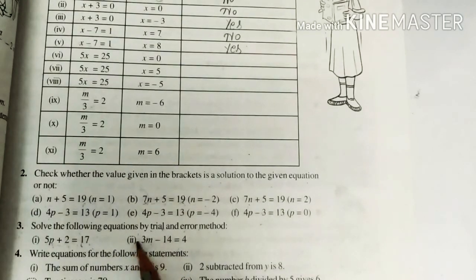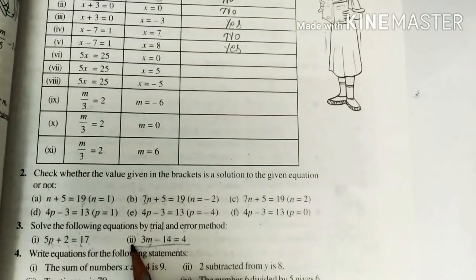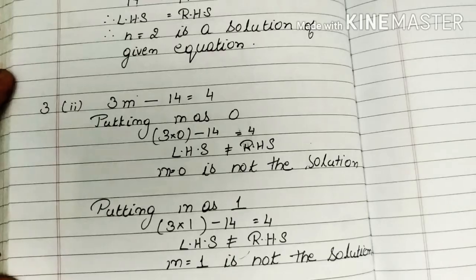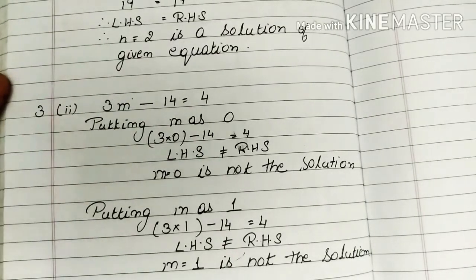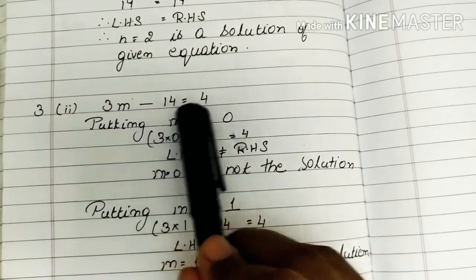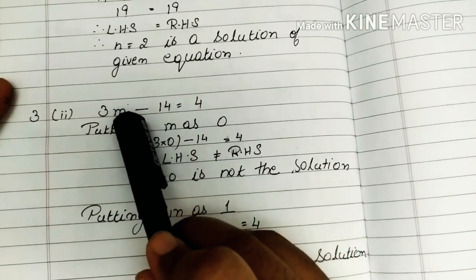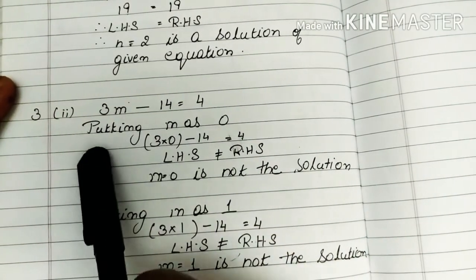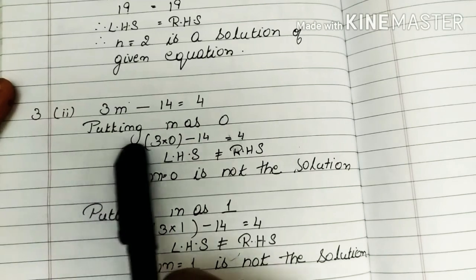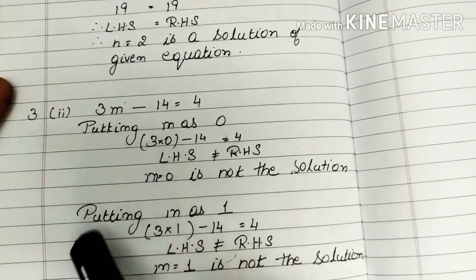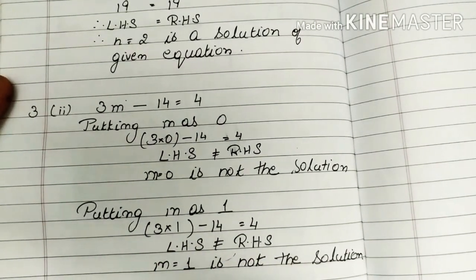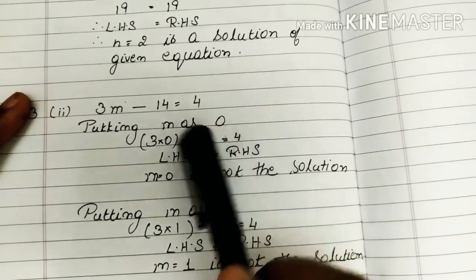Similarly, the second part, 3m minus 14 is equal to 4. Let me show you the steps that you will have to write in solving this second part. Let us see how to solve the third question, second part. Here 3m minus 14 is equal to 4 and we have to find the value of m, right? So firstly we'll do with the trial and error method and put some values and check which is the right one. So firstly we tried with 0.